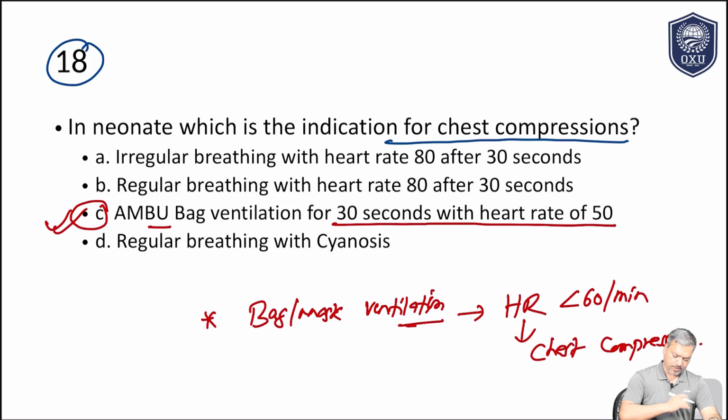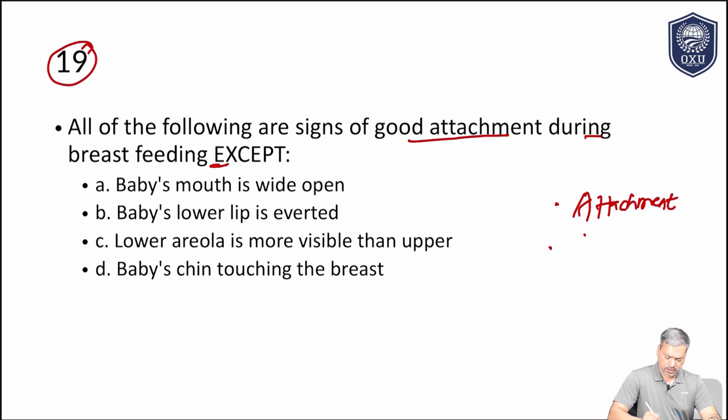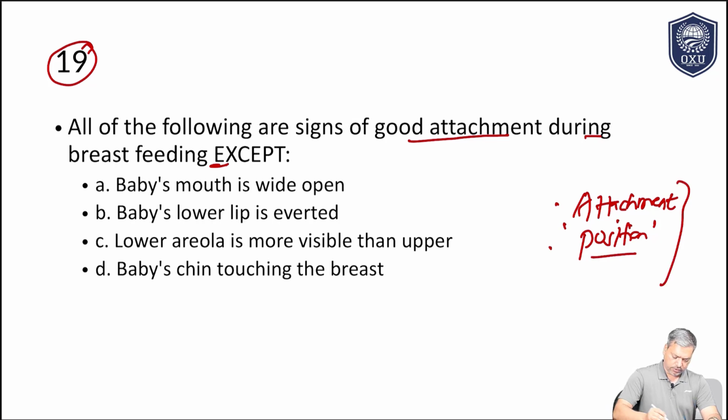Question number 19. All of the following are signs of good attachment during breastfeeding, except. Dear students, attachment and positioning are two topics very commonly asked from breastfeeding. Now this is an easy question. Baby's mouth is wide open, this is true.